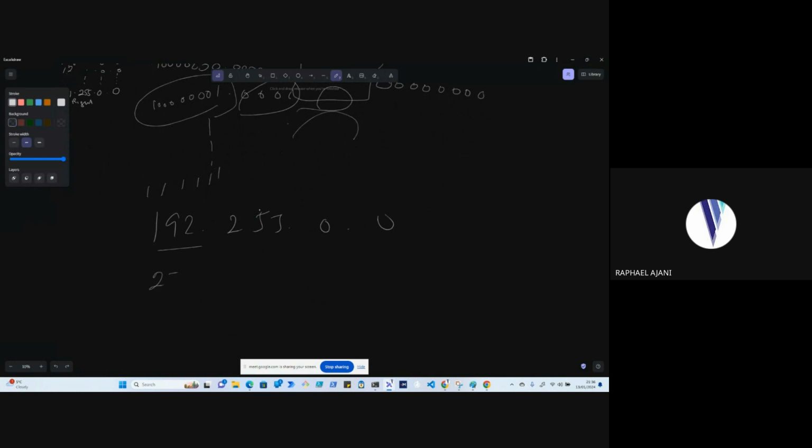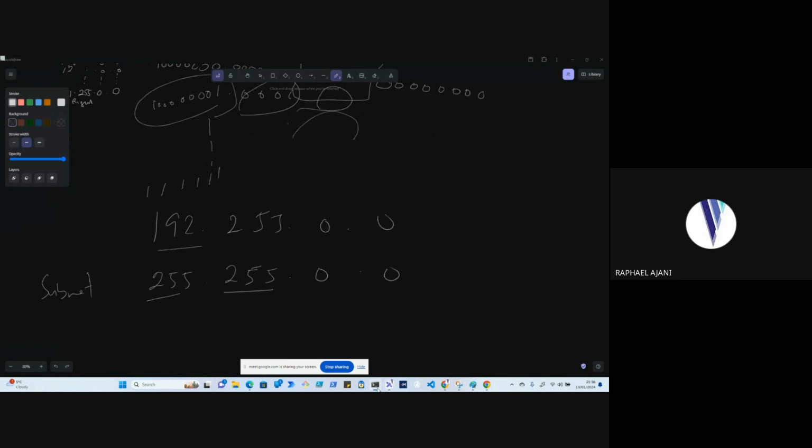This subnet mask is what will tell me that this is a class B IP address, because I have a ceiling here. Are you following? You cannot assign a network address to a system without a subnet mask. You must have a subnet mask.